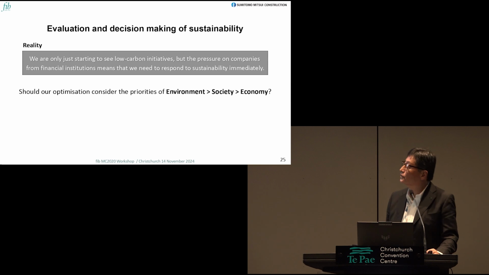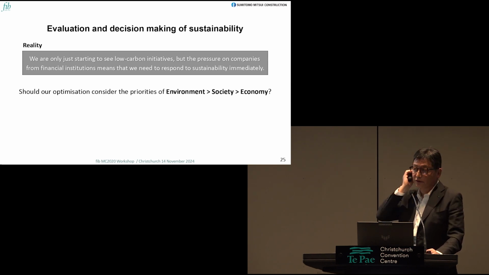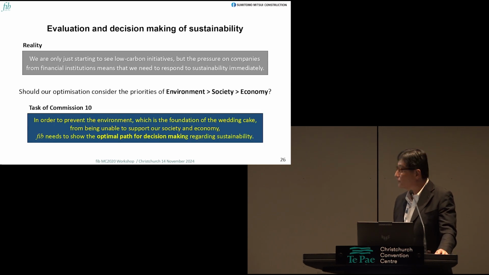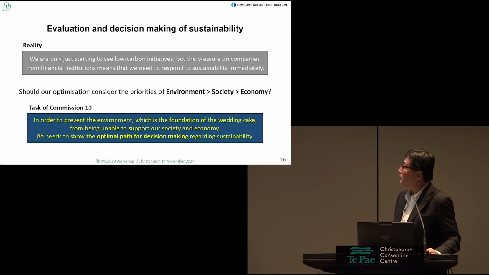And this is my own question: should our optimization consider the priority for environment, and also society and economy? Please think about it, and I ask Agnieszka to take this into account in the activity of TG 10.2. Okay, so in order to protect the environment, which is the foundation of our society and economy, the fib needs to show the optimal path for decision making regarding sustainability.